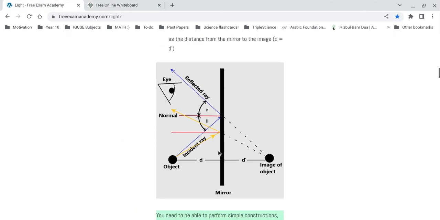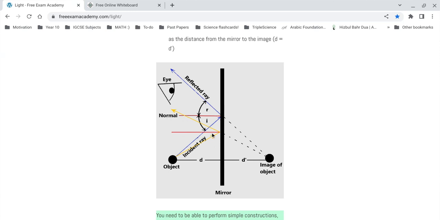Okay, so this is how it should look. As you can see, here's the object. He drew the incident rays and then the reflected rays. Incident ray, reflected ray.